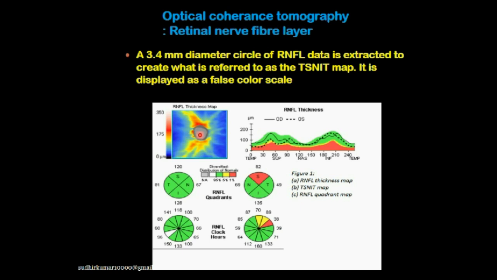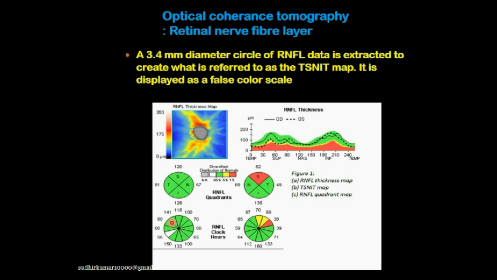So a standard pattern of measuring the retinal thickness is that around the disc a circle of 3.4 mm diameter is drawn, and at this circle the thickness of the retina is measured point-wise, and each point is matched with the normative data, that is, the thickness of the retina in the normal population of the same age.